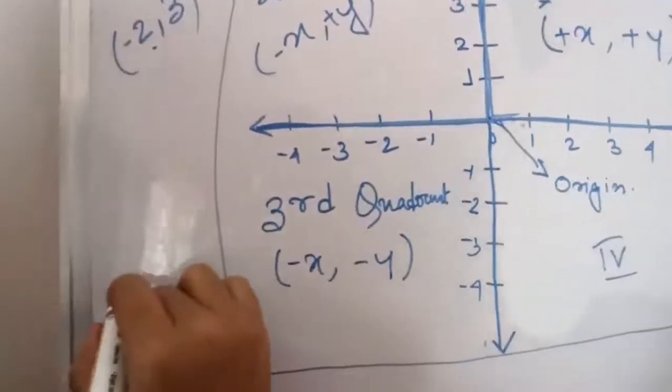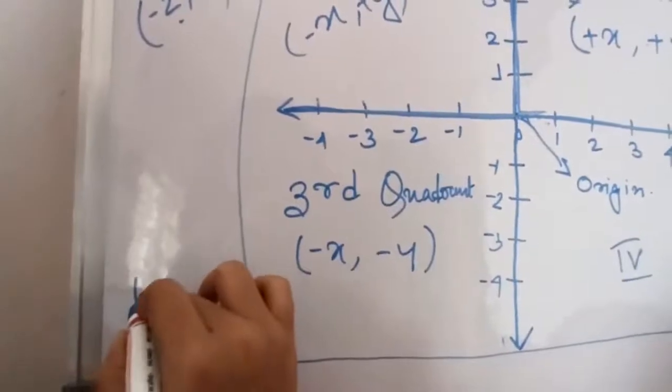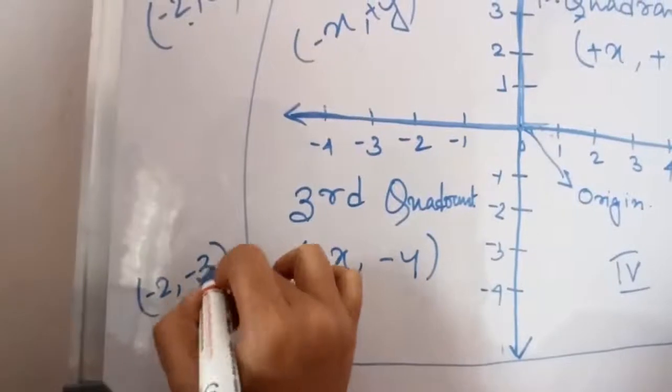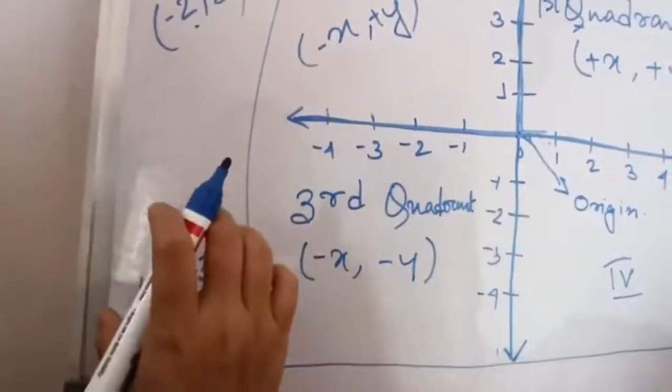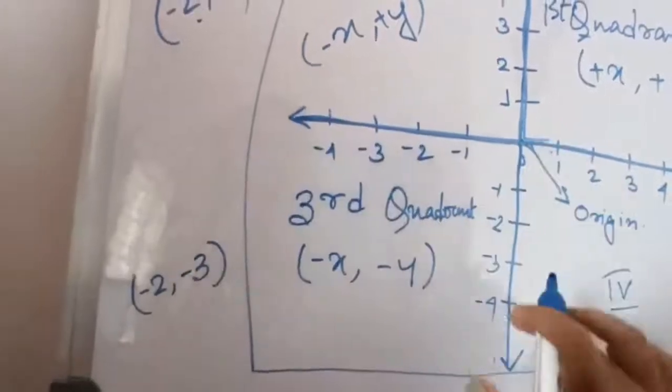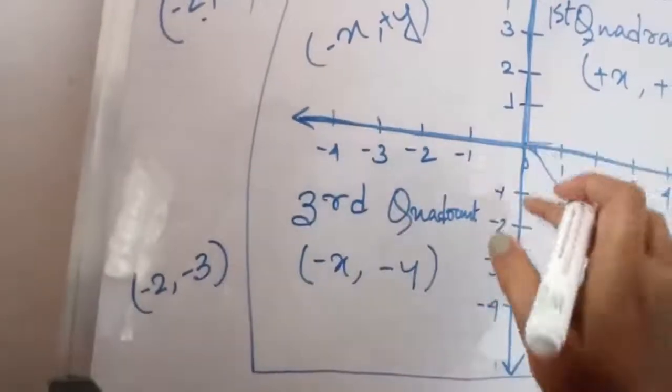So any point like -2, -3, I'll understand that when I plot this point, it will always fall under this block.